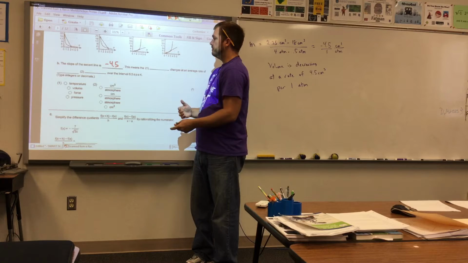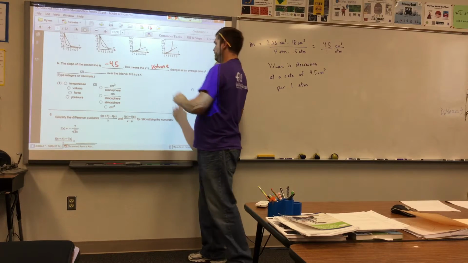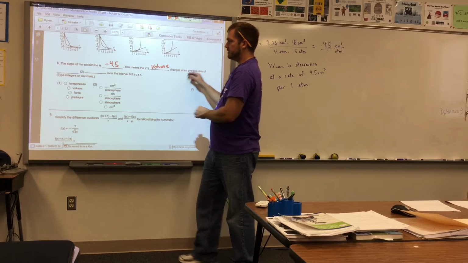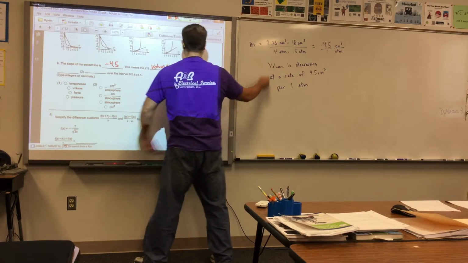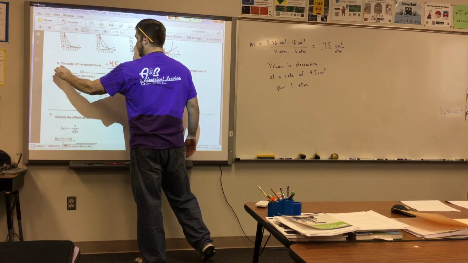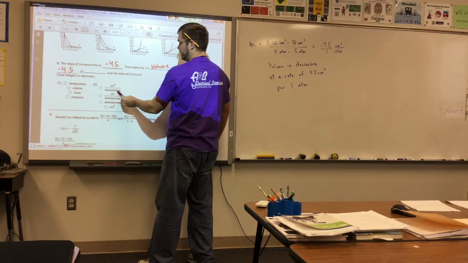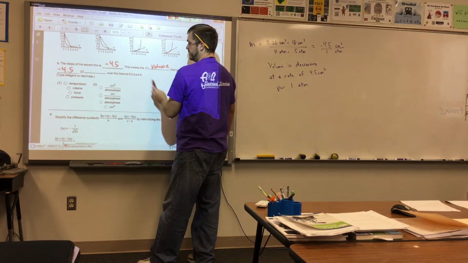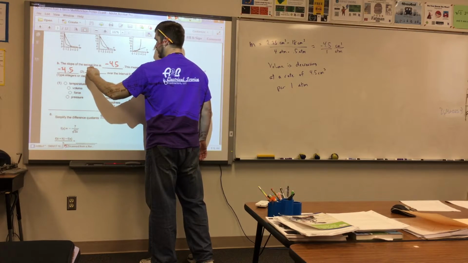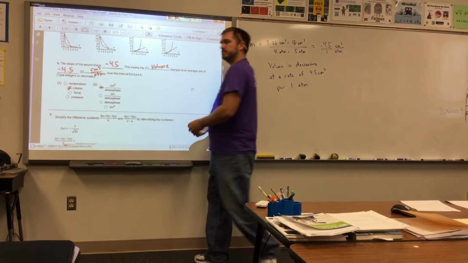The volume? We're looking for volume. What is it referring to in the situation? So we're saying the volume changes at an average rate of negative 4.5, and then we would say cubic centimeters per atmosphere. That's this option, over that interval.